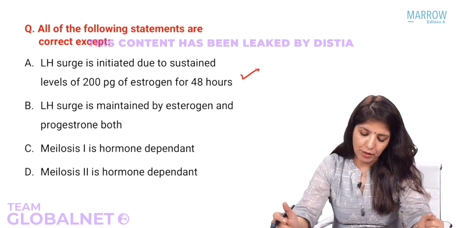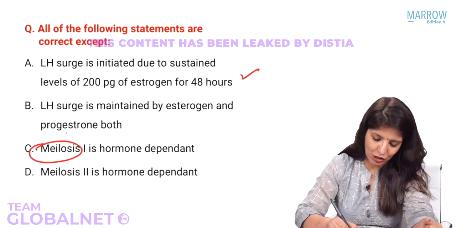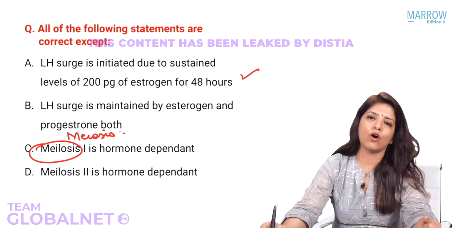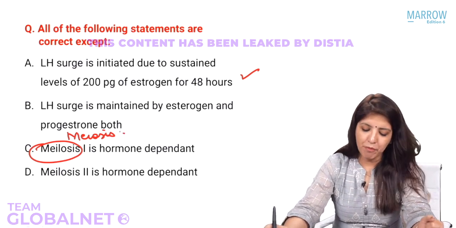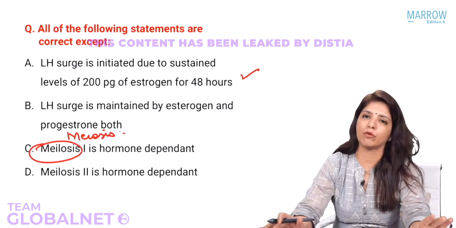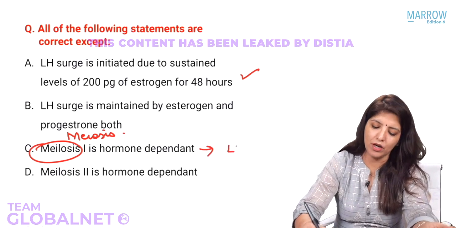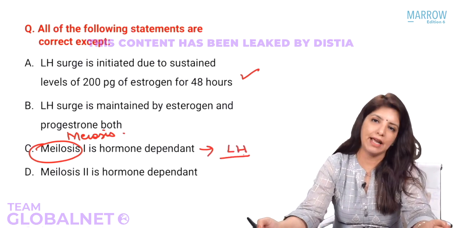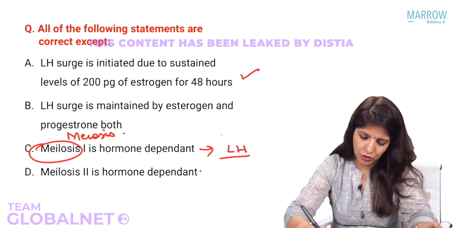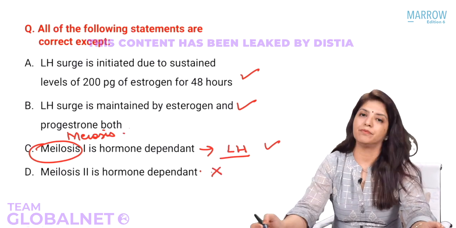Third option, meiosis 1 is hormone dependent. Yes. Meiosis 2 is hormone dependent? No. Meiosis 2 is not hormone dependent. Meiosis 1 is hormone dependent, and it depends on which hormone? It depends on the hormone LH, right? So the answer here is option D. So this was correct, this was correct, this is wrong, right?